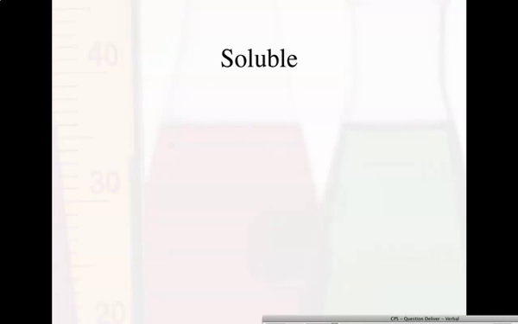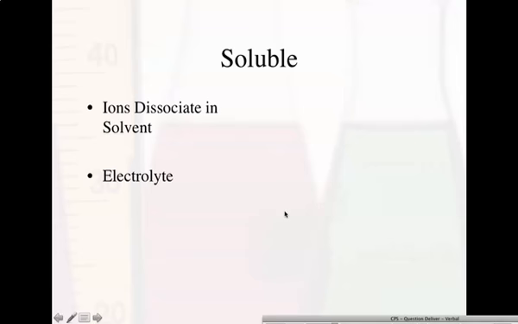Before we can talk about that, though, we need to think about what soluble and insoluble means. So if we have something that's soluble, the ions are going to dissociate in whatever solvent we're using, which most often is going to be water. And another word for this is just an electrolyte. So when we have ions that have dissociated into my solvent, we have electrolytes.